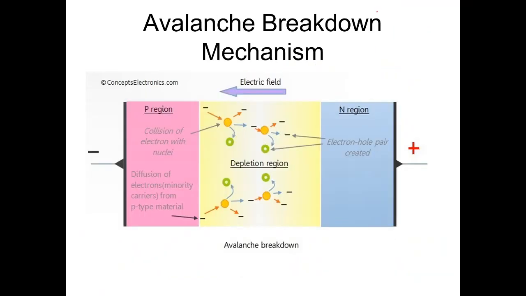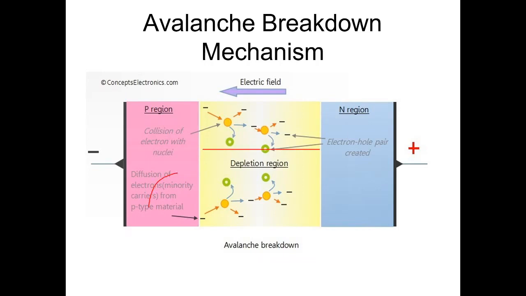So if you observe, this is the avalanche breakdown mechanism. This is a p-type region and this is an n-type region. We are applying the reverse bias voltage. Whenever the reverse bias voltage is applied, the electrons want to move from this direction to this direction, but internally the depletion layer is wide, so they cannot move.